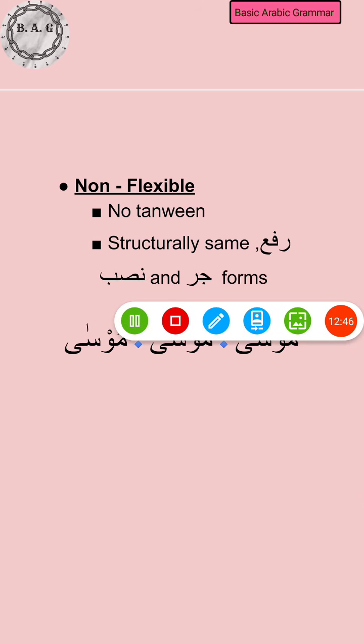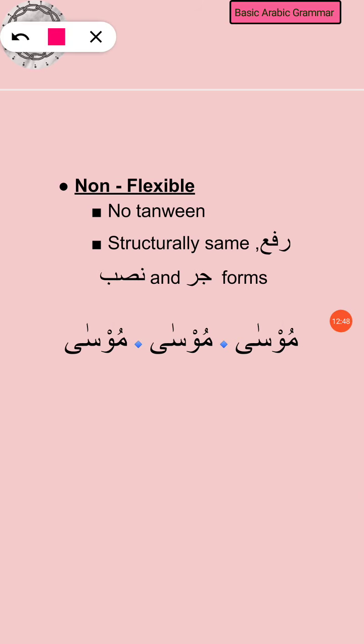As the name indicates, it's non-flexible, which means that all the Rafa, Nasab, Jar forms are going to be the same.